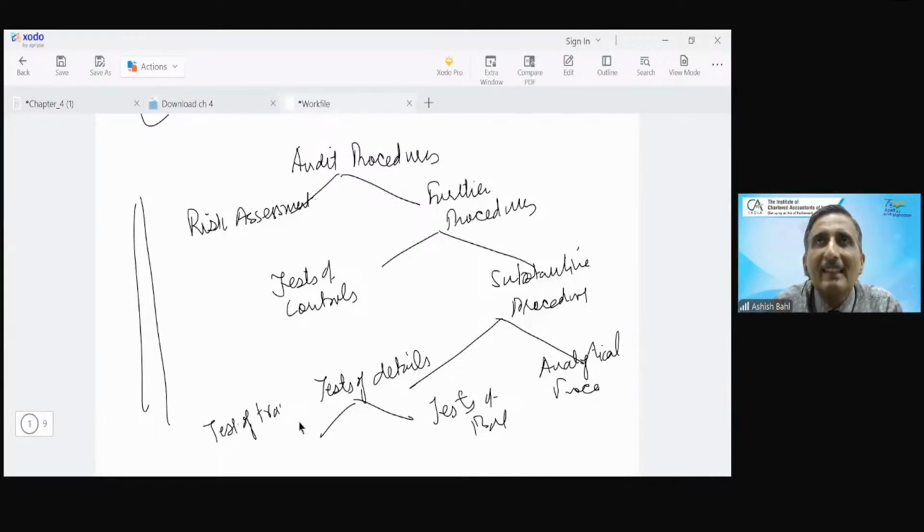Whereas in risk assessment procedures, the auditor just identifies the risk of material misstatements, evaluates that risk and assesses that risk. So clearly understand the difference between risk assessment procedures and substantive procedures.